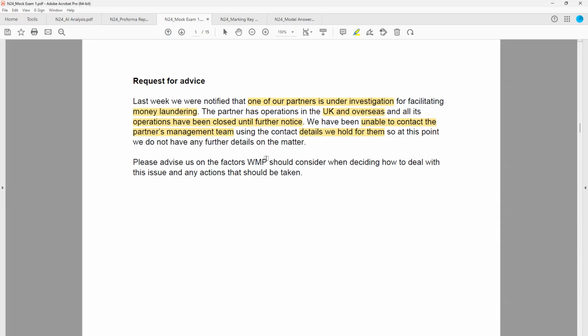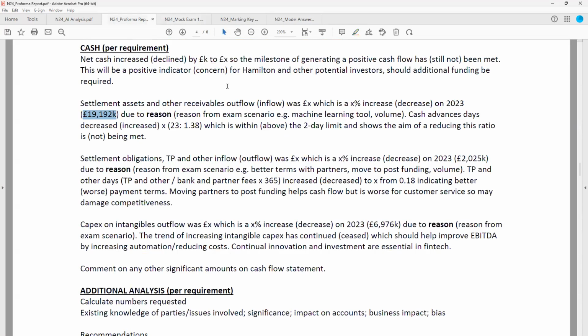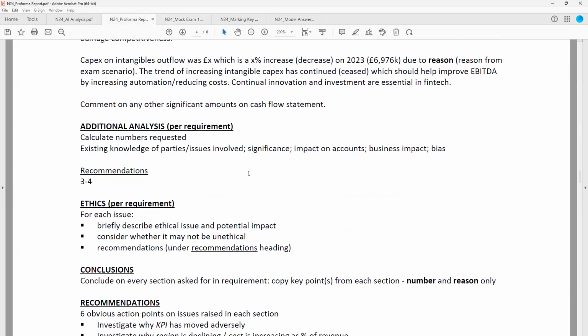So at this point, we do not have any further details on the matter. Please advise us on the factors that WMP should consider when deciding how to deal with the issue and any actions that should be taken. Quite standard there for a request for advice. What are the issues? And of course, what action should be taken.